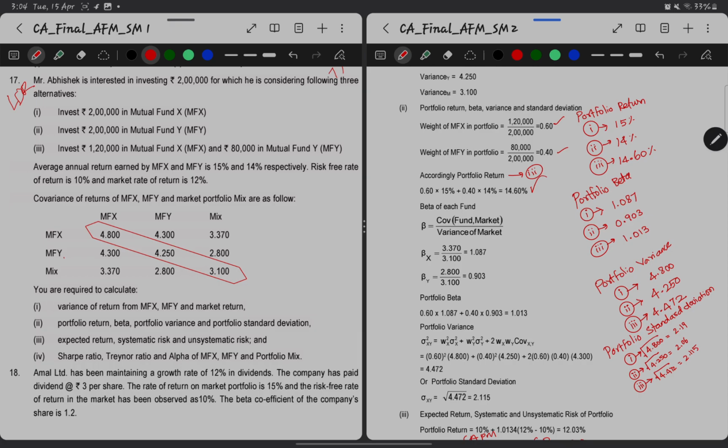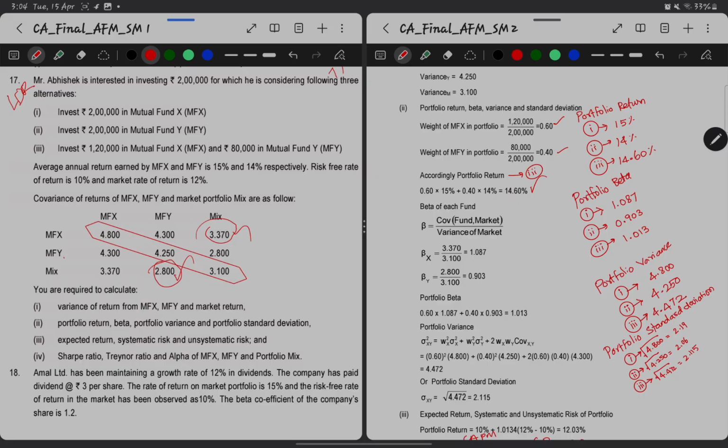Using this table we can find the covariance of the security with the market: MFX with Mix is 3.370, and MFY with the market is 2.8.